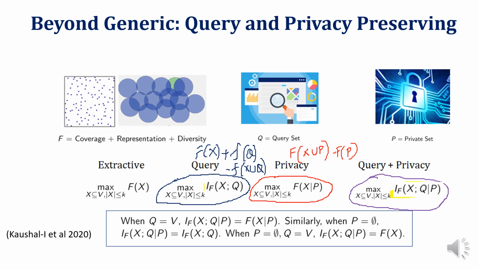Another function that one can define on any existing set function, including submodular functions, is that of mutual information, also called submodular mutual information.